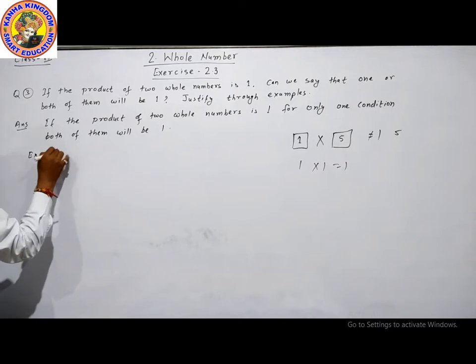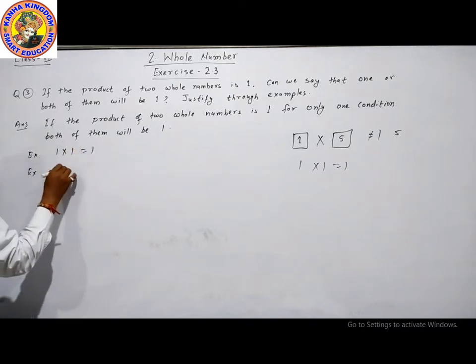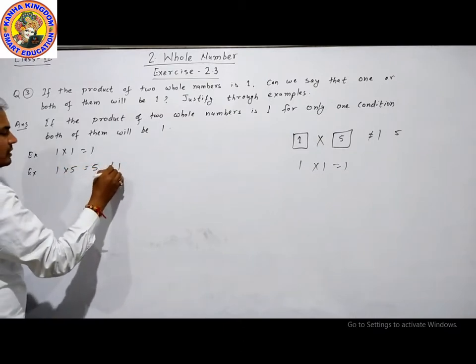For example, 1 into 1 is equal to 1. Next example, 1 into 5 is equal to 5, which is not equal to 1.